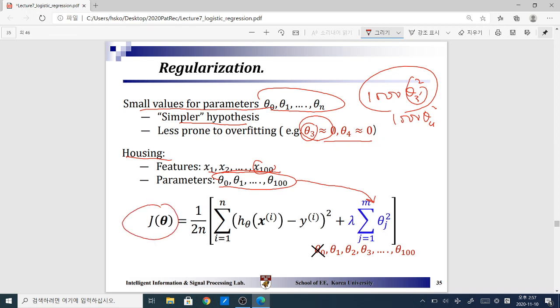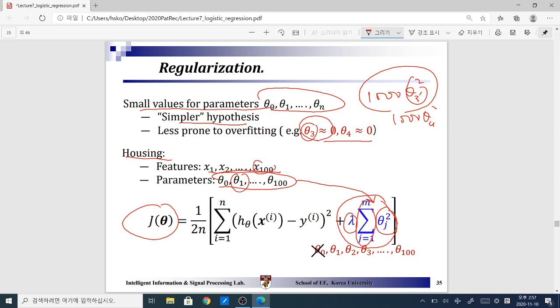That cost function is going to be represented by this additional term, that is, some lambda or some constant or coefficient multiplied by each of these parameter squares, and then you sum them all.